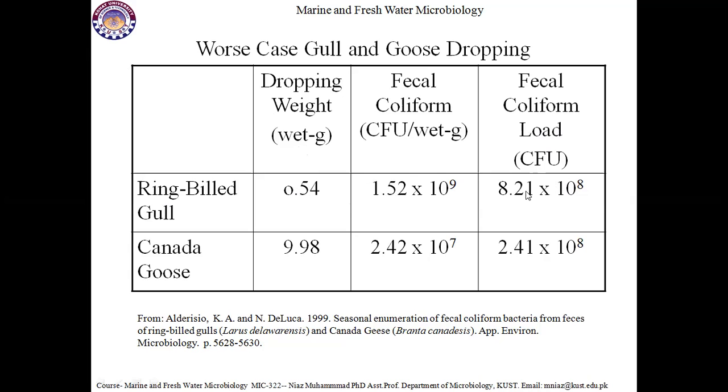So one bird can contribute a huge number of microorganisms and coliform to water bodies. And if you see this one, its weight is huge, 9.98, and it contributes 2.47 into 10 to the power 7 microorganisms per gram to water bodies, and its CFU is 2.41 into 10 to the power 8.